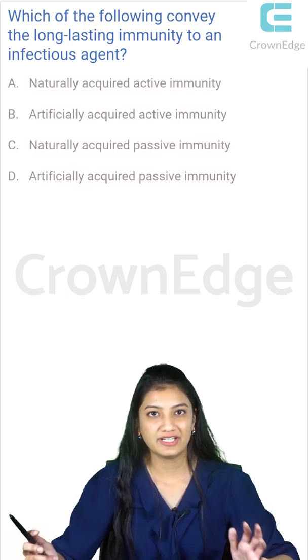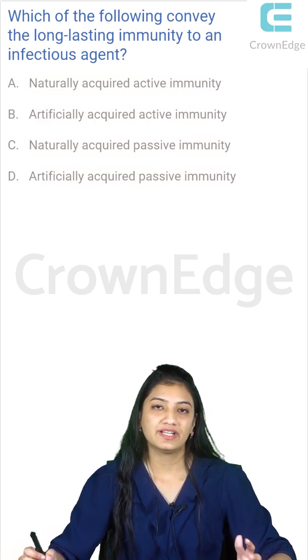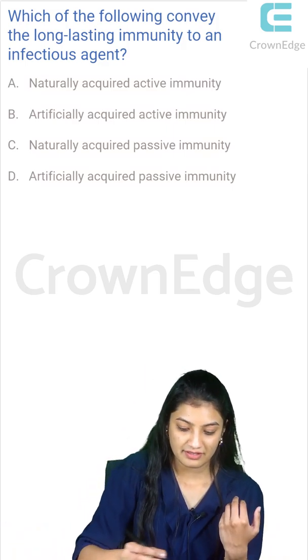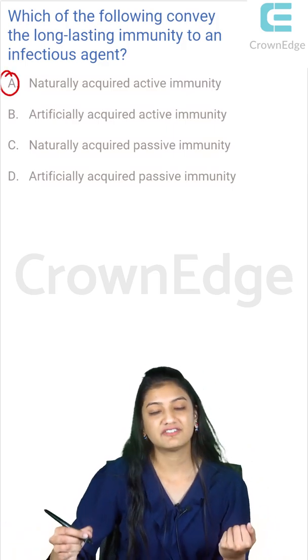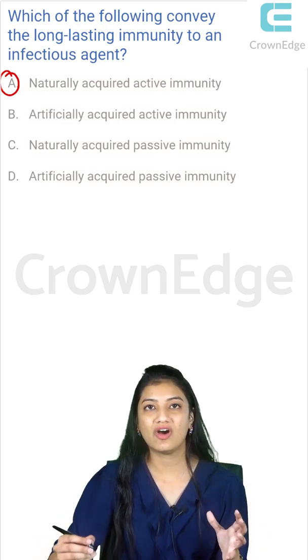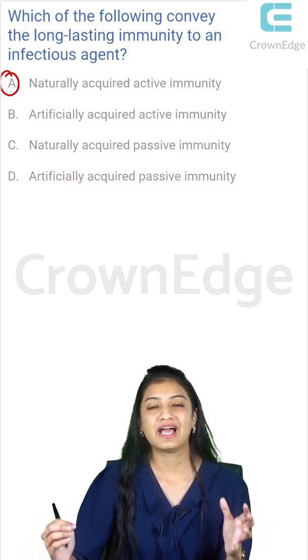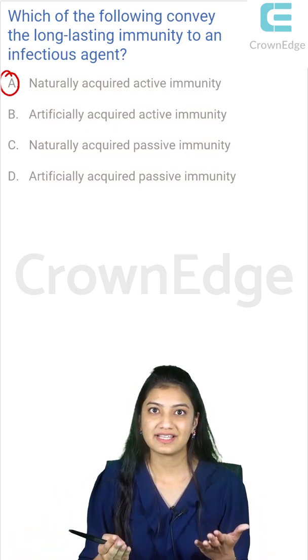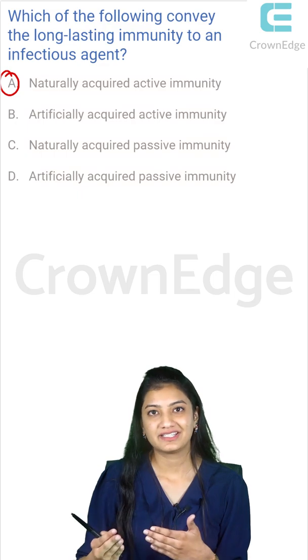By now we have understood that whatever your body has produced actively, that is the best. So naturally acquired active immunity is considered long-lasting immunity, because you have first-hand encounter with those antigens and your body can recognize them really well, and will fight against them.